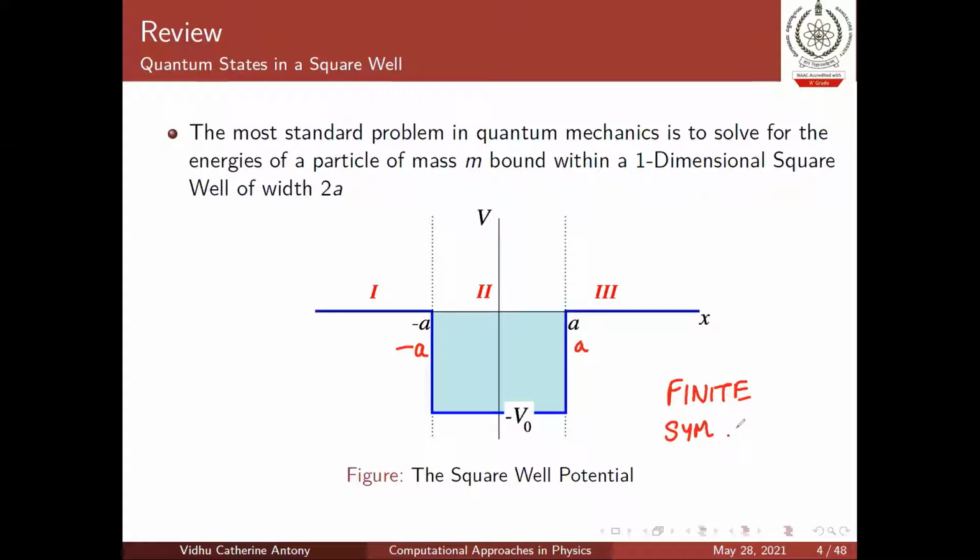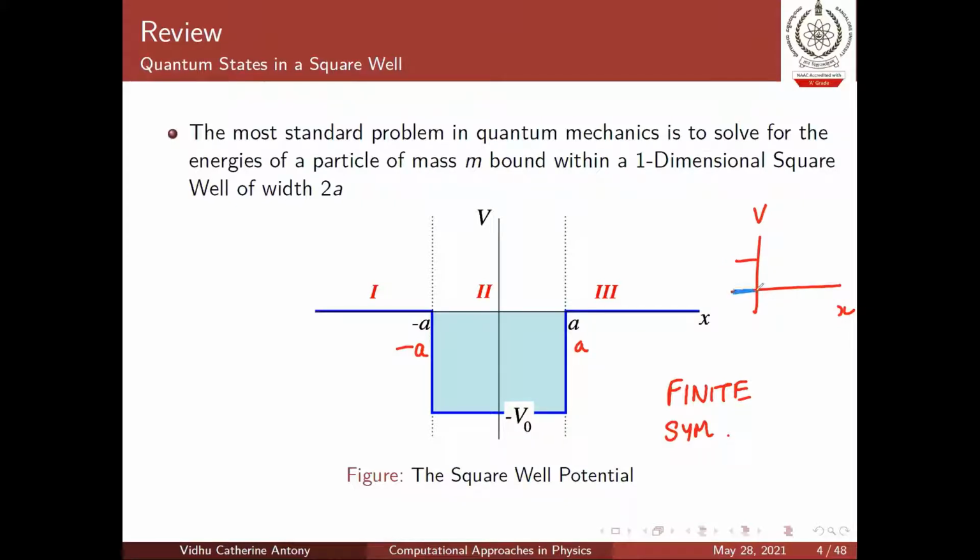How will an asymmetric potential look? The asymmetric potential will look like this. Okay, so let me just draw this here. This is V, this is X. I will take a different color so that you can understand that clearly. Okay, I need to erase this part out. This wasn't very clear. Okay.